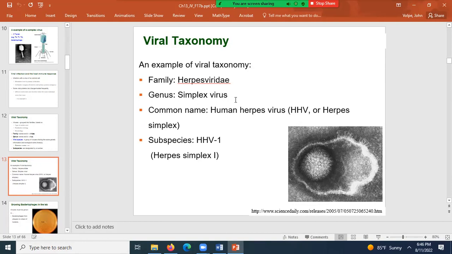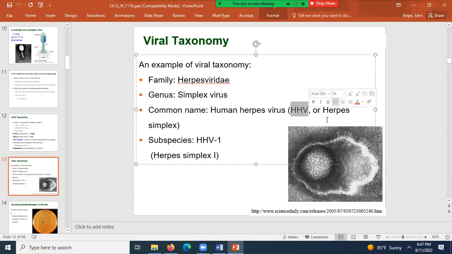The common name, human herpes virus, which actually isn't being used, and we'll call it herpes simplex virus. The subspecies, herpes simplex 1, and that's viral taxonomy. Any question about any of that?